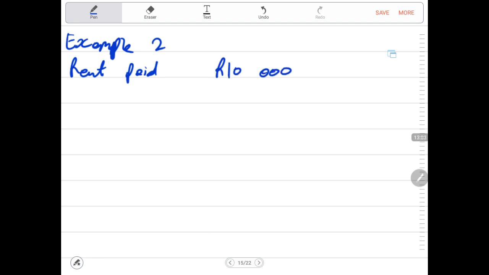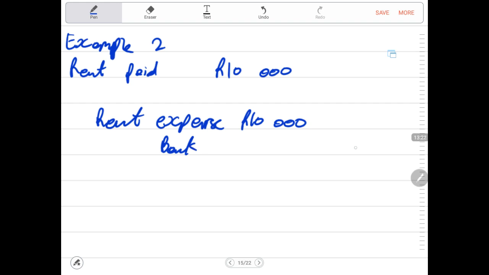And we know that immediately when that was paid, we would have said debit rent expense, when the rent is paid by an amount of 10,000. Because this was a payment, so bank will be affected. So now this will be a credit of 10,000 rands.